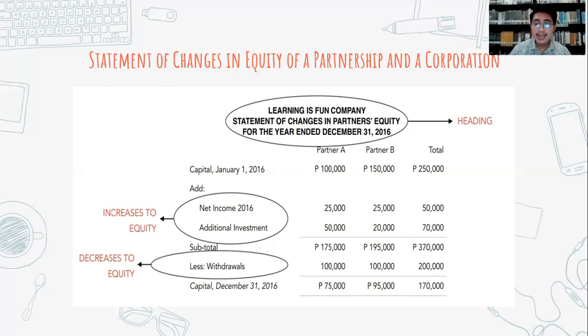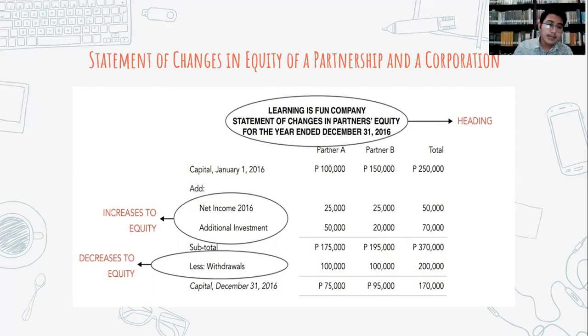Then you combine it, we have a total amount of 200,000 pesos. Then to get the capital or the owner's equity, okay, so magiging 75,000 po yung owner's equity po in year 2016, while si partner B naman is 95,000 pesos with a total amount of 170,000 pesos.